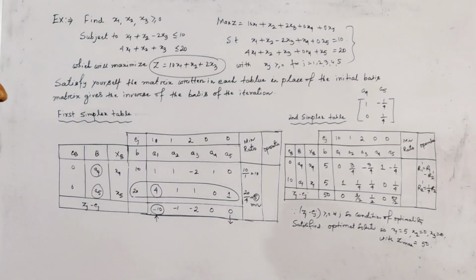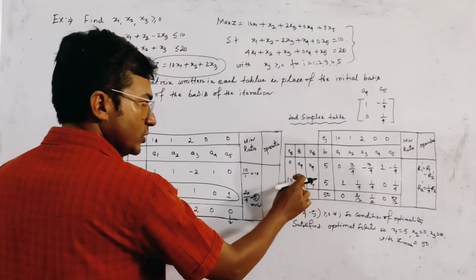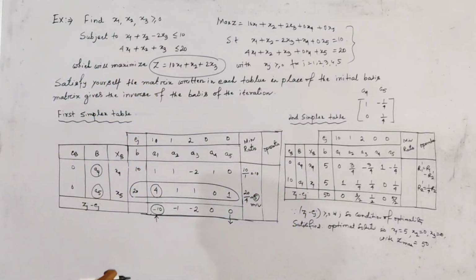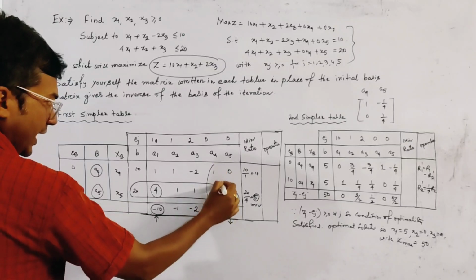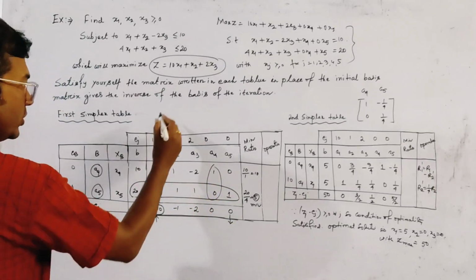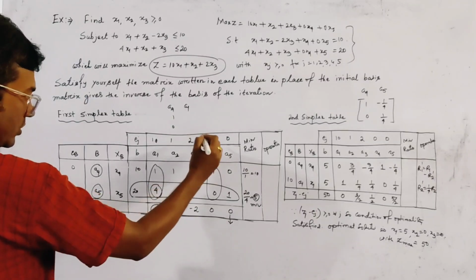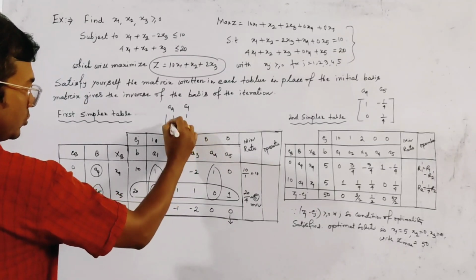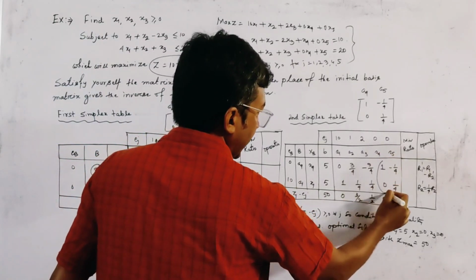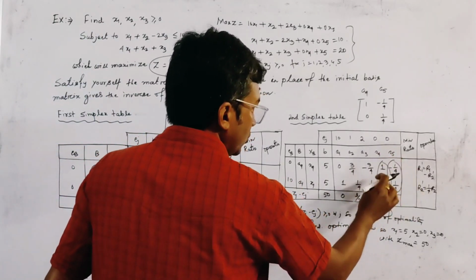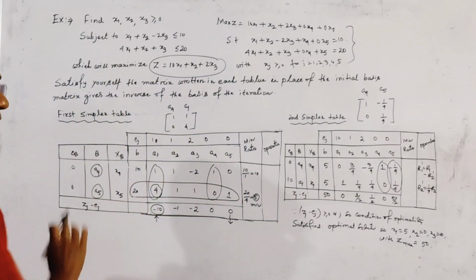Here the basis is A4 and A1. We write the values of A4 and A1 here. A4 is given by this and A1 is given by this. We write A4, A1: this is 1, 0 and 1, 4. Now here we write A4 and A5, these two columns, and here A4 and A1, these two columns.